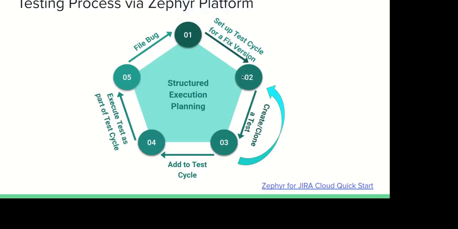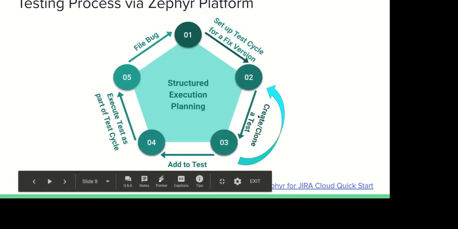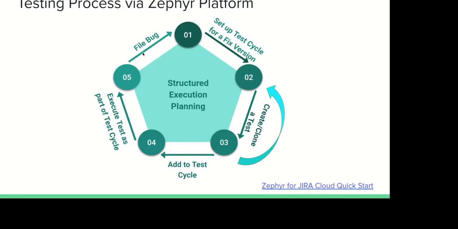Second step is we create or clone an existing test. Third step is to add that to a test cycle, the one we showed earlier. For the execution, it's the fourth step. And the fifth step is to file a bug if there are issues found.